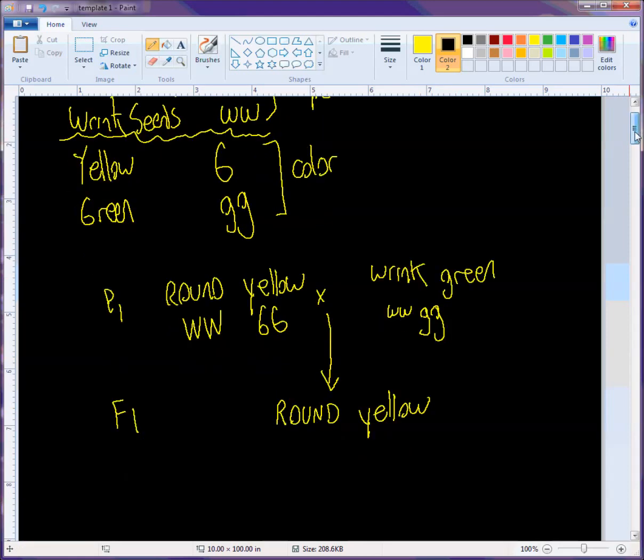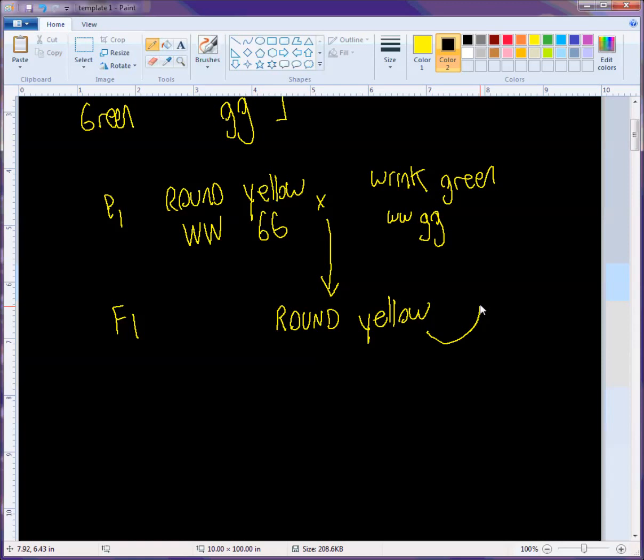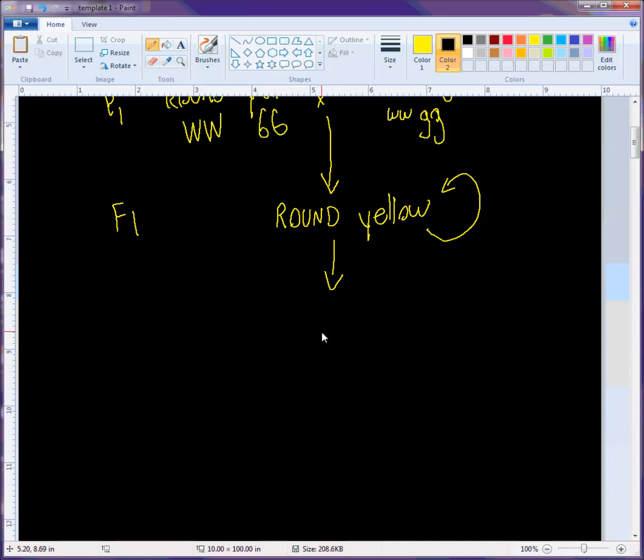And then Mendel crosses these, and he sees a certain ratio in the F2 generation. I can tell you right now that that's going to be 9 to 3 to 3 to 1, because this is what we've talked about in class over and over again.